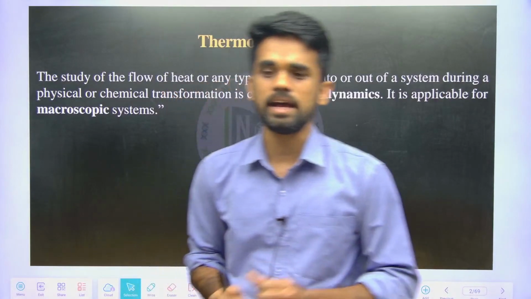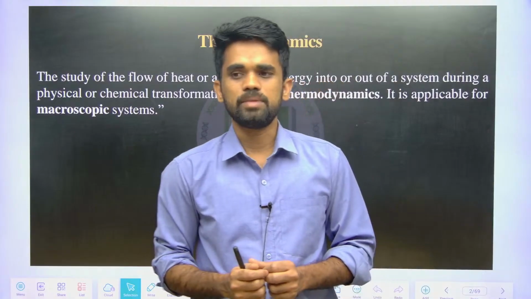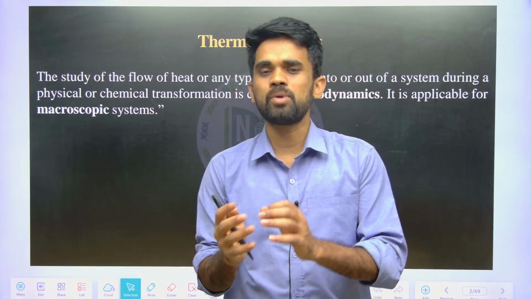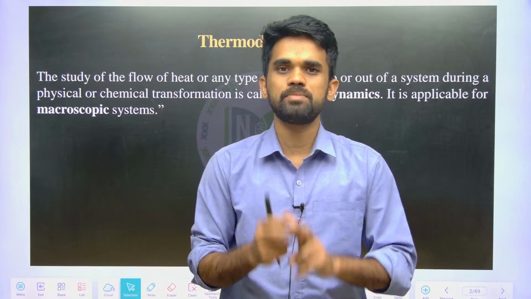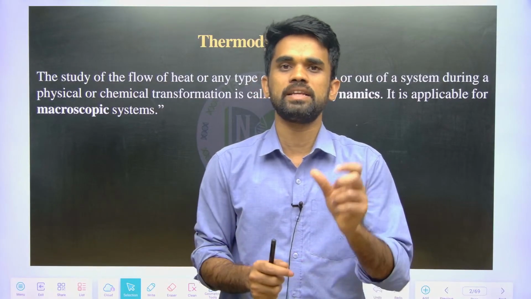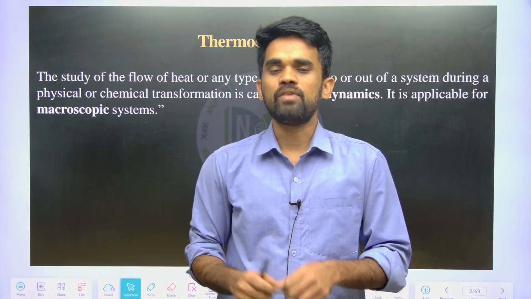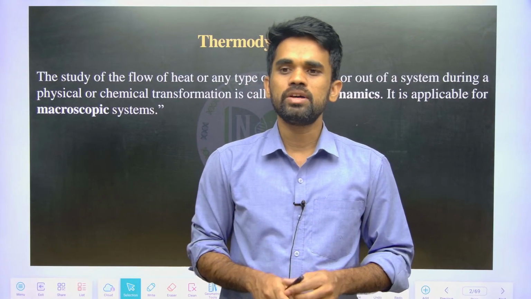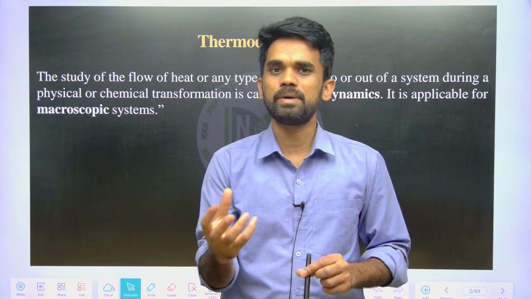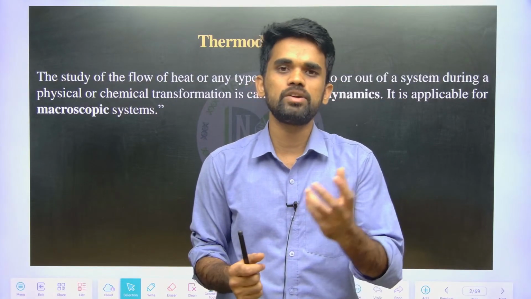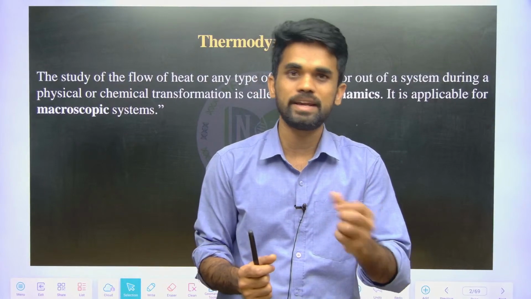And then next I told you about thermodynamic processes and thermodynamic properties. Thermodynamic properties are of two types: one is intensive property and the next is extensive property. What do we mean by intensive property? I told you quantity independent properties are intensive, quantity dependent properties are extensive.